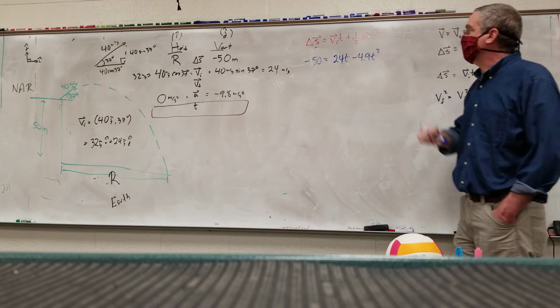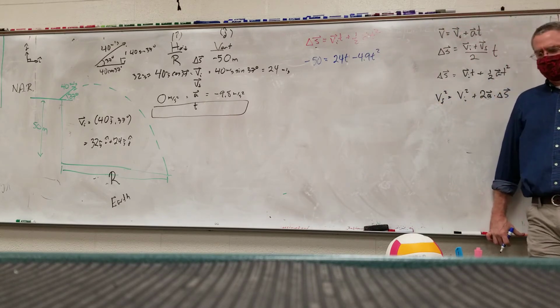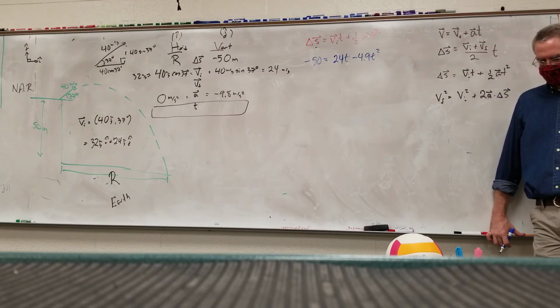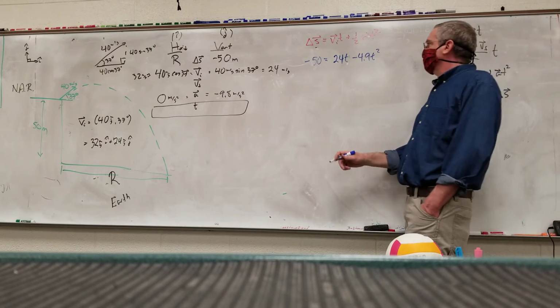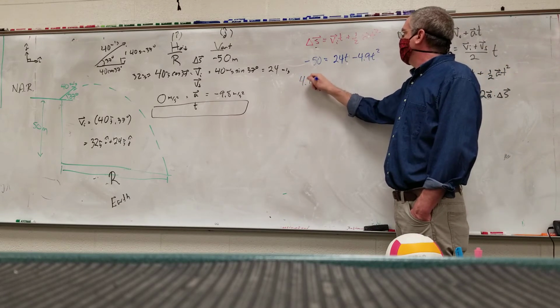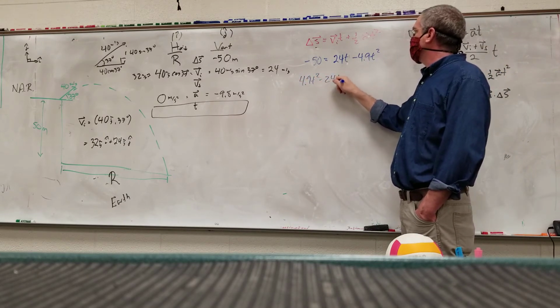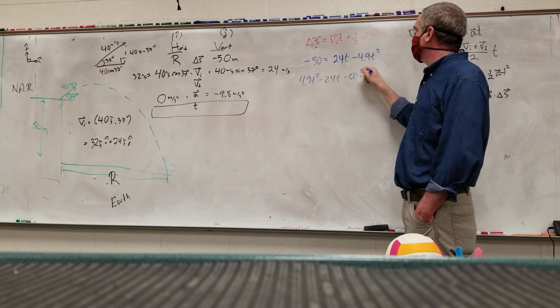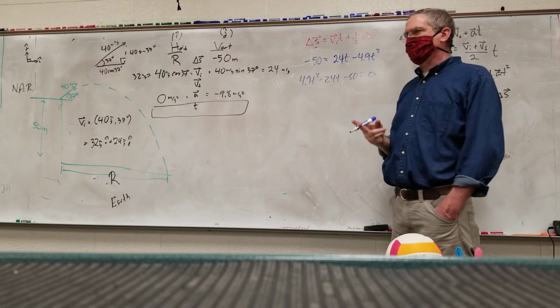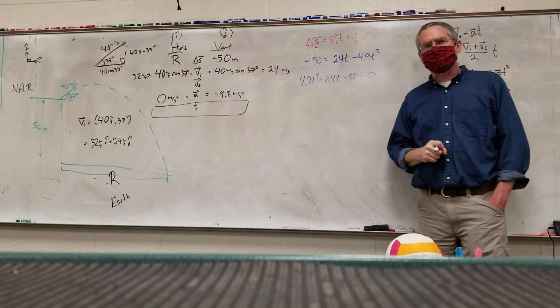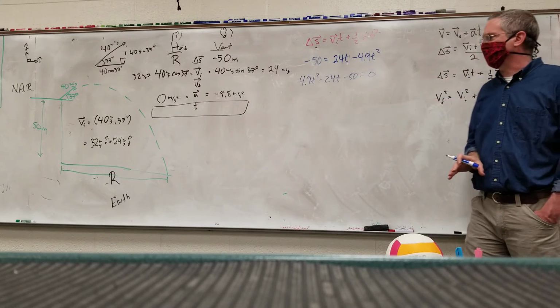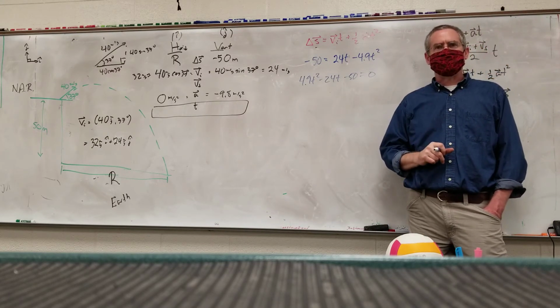All right, so we're here. How do I solve that? Set equal to 0, quadratic formula. All right, so 4.9t squared minus 24t minus 50 equals 0. Now I'm gonna get two answers. Before we actually solve it, what can you tell me about the two times I'm gonna get?